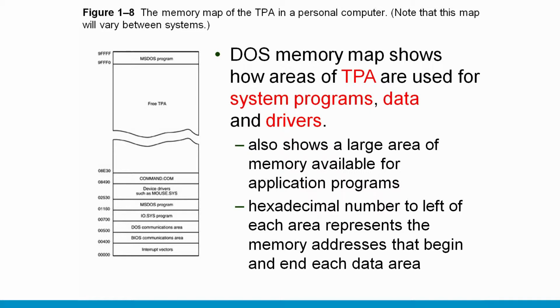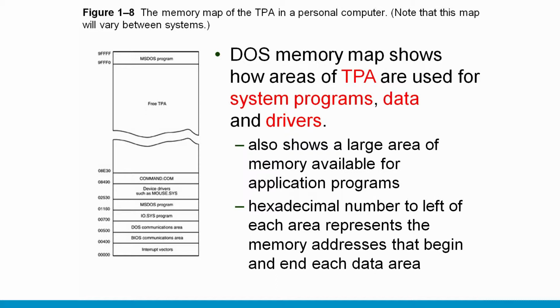This transient program area consists of interrupt vectors, BIOS communication area, DOS communication area, IO.sys program, MS-DOS program, device drivers, command.com, and some free memory for extra components, extra system softwares. Along with that, last we will have the MS-DOS program.